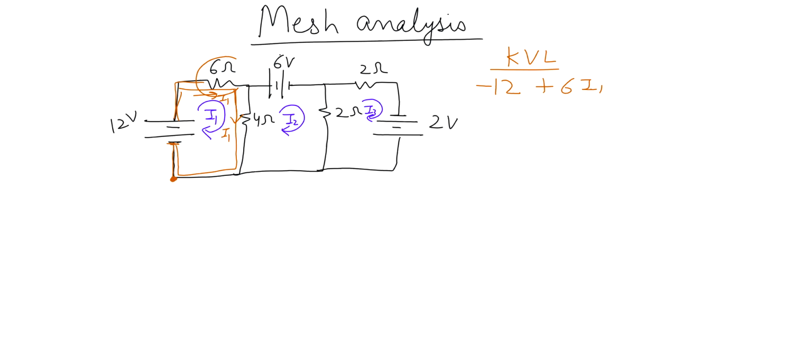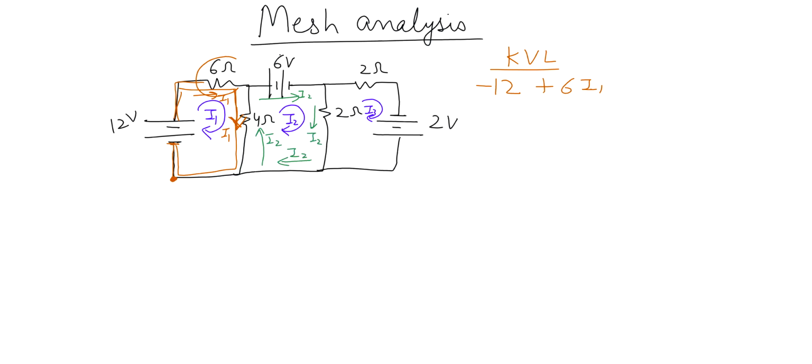In loop 2, this is the I2 current flowing in loop 2, I2 going here, I2 going this way, and I2 going this way, right? So now when we are writing the equation for the first loop, the current flowing through the 4 ohm resistor is I1 going in this direction, I1 minus I2. So in the 4 ohm resistor, there are two currents flowing.